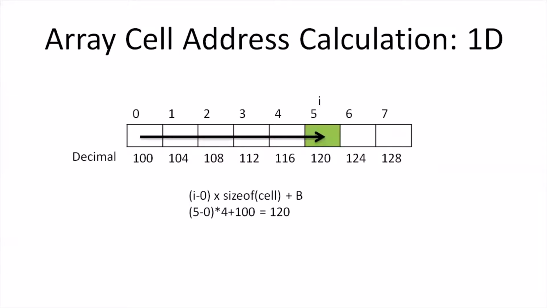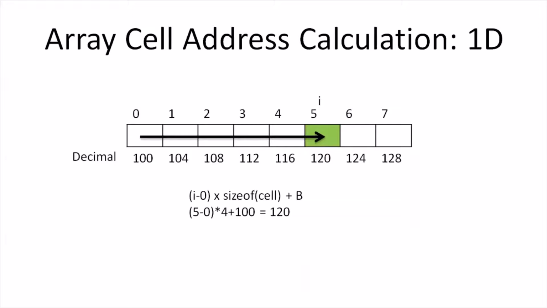In case of a single dimensional array, considering that the addressing scheme follows decimal system and the array is an integer array for which each cell takes 4 bytes of space, the address of the fifth cell of the array will be 120 as shown in the figure.